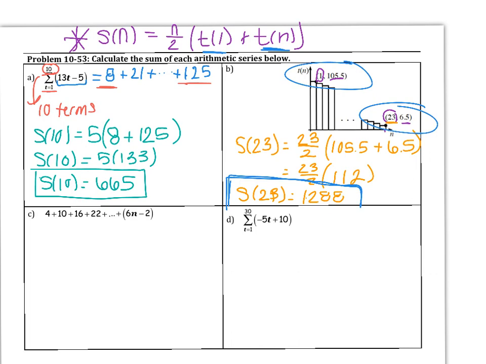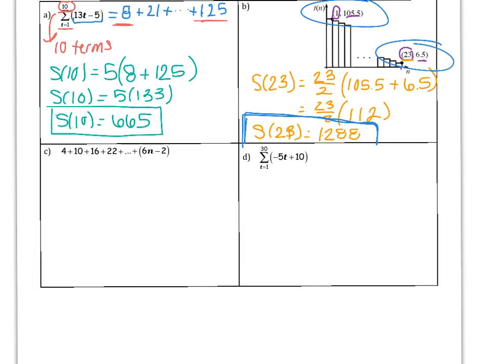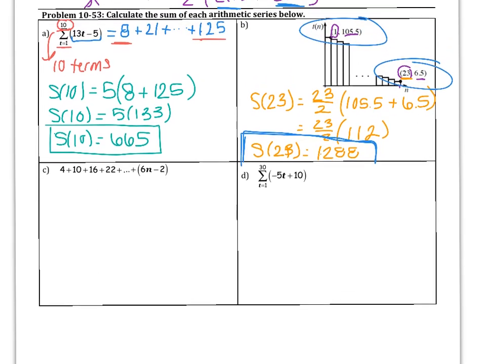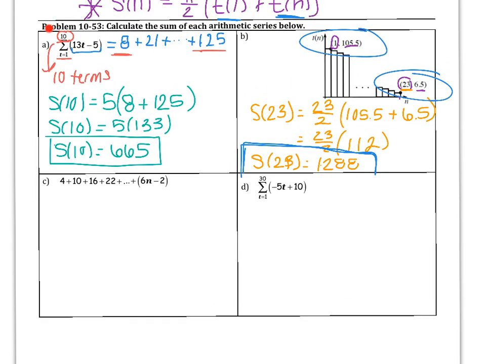All right, so in part C, this one is different from the others because it's not specifying the value of n. Let me go back down here so we can see. In this first one, we knew that we were stopping at 10. In the second one, we knew we were stopping with the 23rd term. And in this one, we start at 4, 10, 16, and go on to the nth term. So we're going to basically be generating a formula to compute the sum of the first n terms, regardless of what n is.